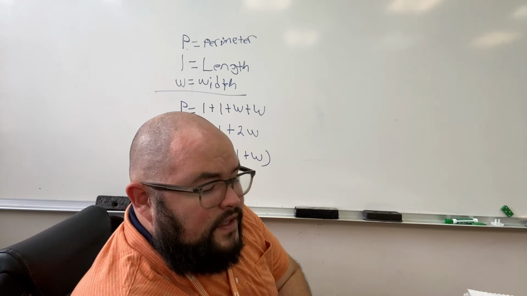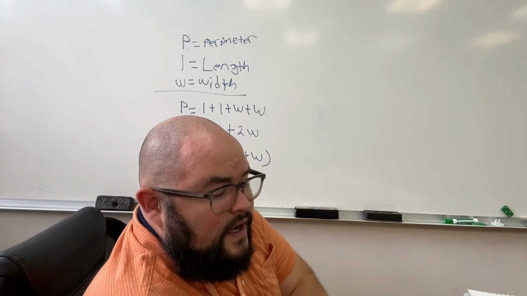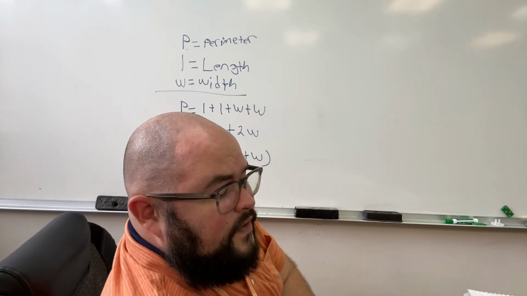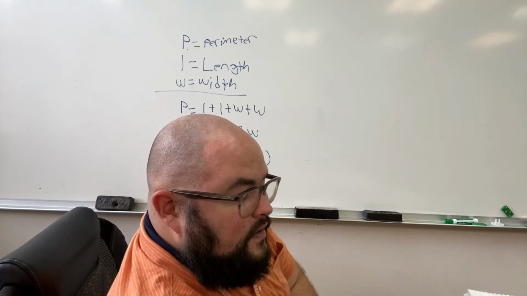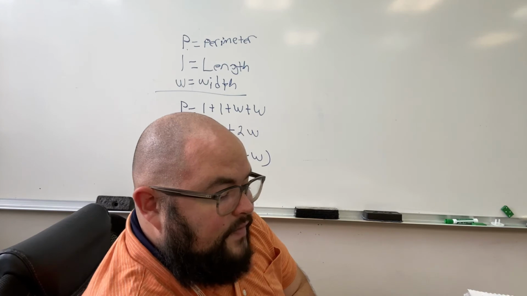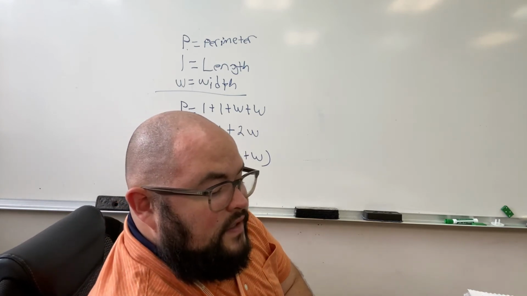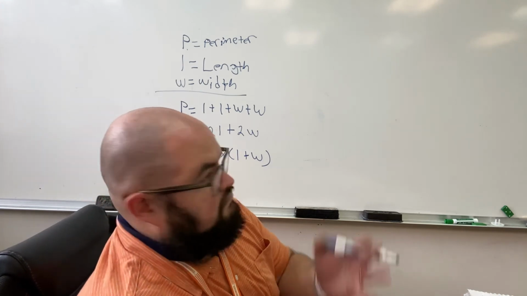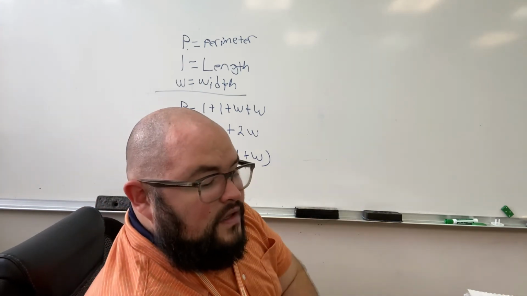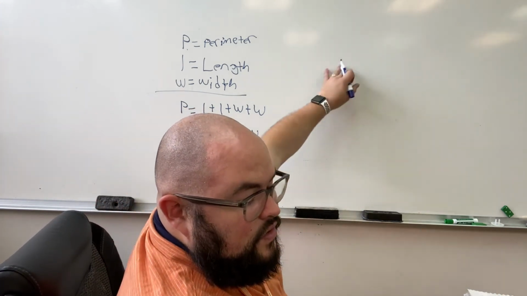But I would like you to look at 3B and work that one on your own. Number 4 says, Jerry wants to build a rectangular vegetable garden with a fence around it. He wants the garden to be 8 feet long and 4 feet wide. Sketch his garden and find the perimeter. Show your work. Okay. Let's do that.